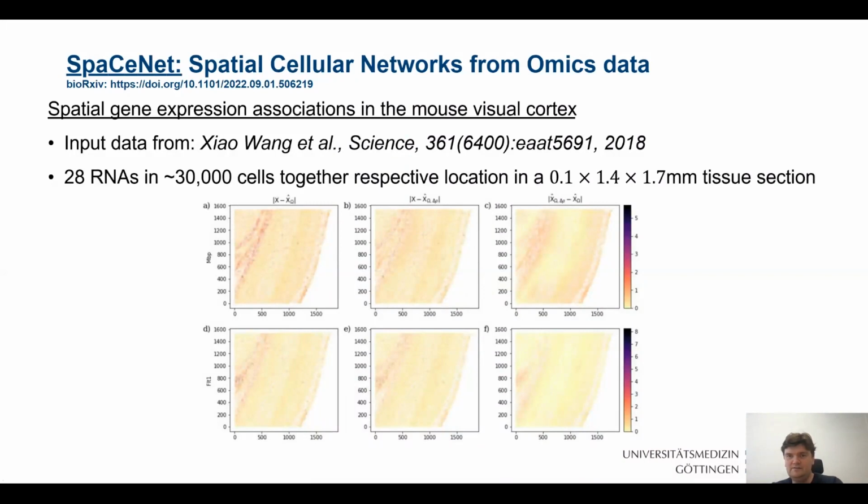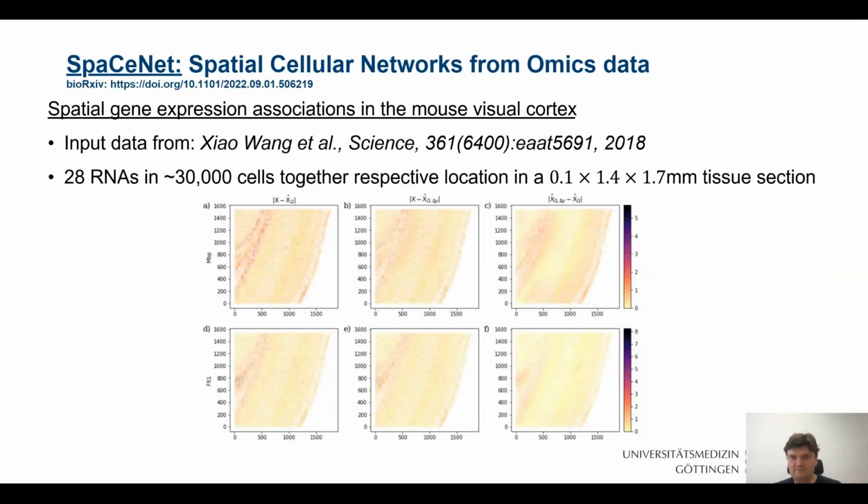In this data set, there were 28 RNAs measured in 30,000 cells, together with their respective location in a thick tissue section. And that's what SpaceNet is built for.